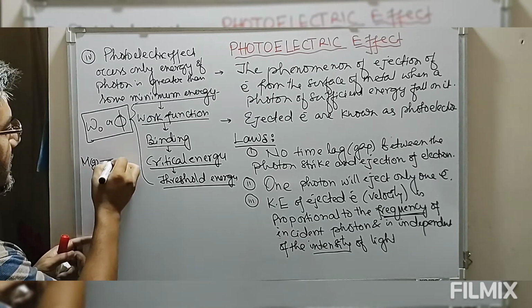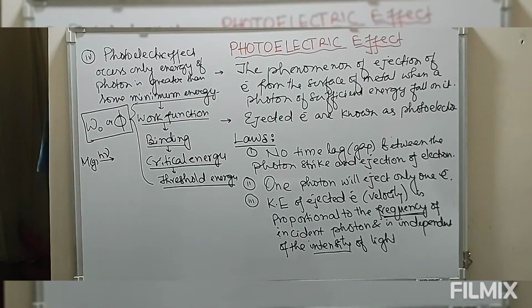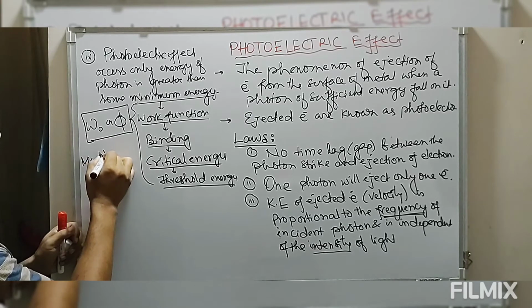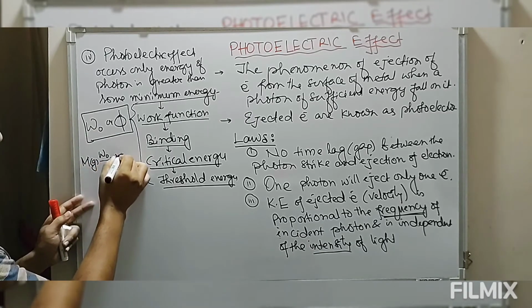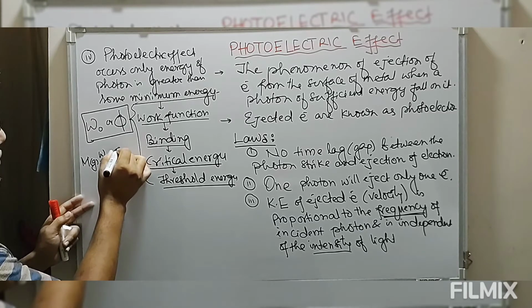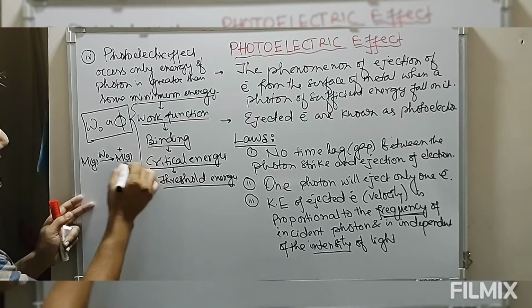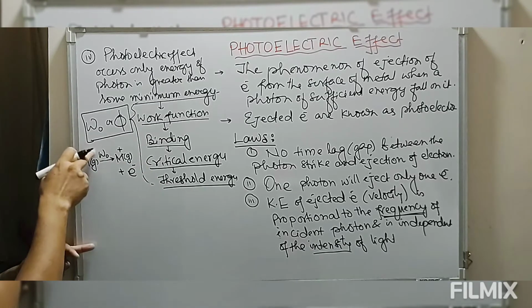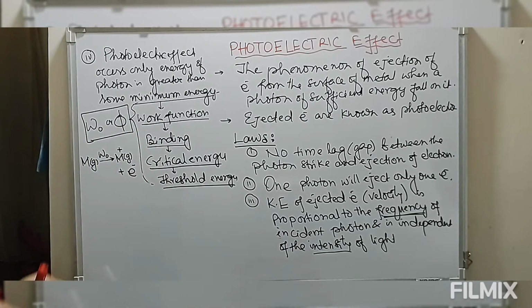So when energy h nu is supplied, which is known as the work function, because of this energy the metal atom is converted into M plus, and electrons are ejected. So now look at this, you are supplying some minimum energy which is known as the work function, binding energy, critical energy or threshold energy.